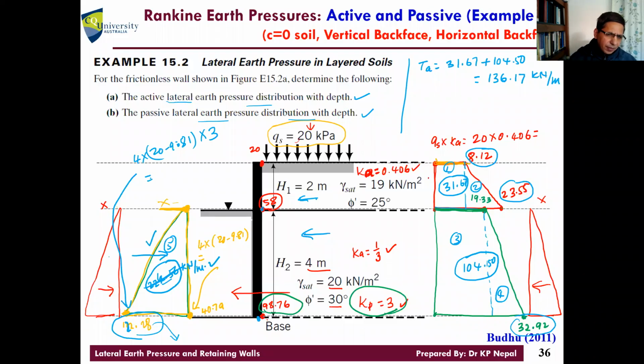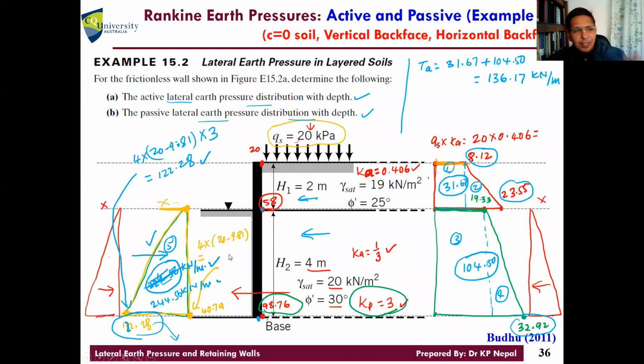Can you compute that? I got 122.28. Make sense? So this 122, the area would now be times 4 times 0.5. 244.56 kilonewton per meter. That's it.